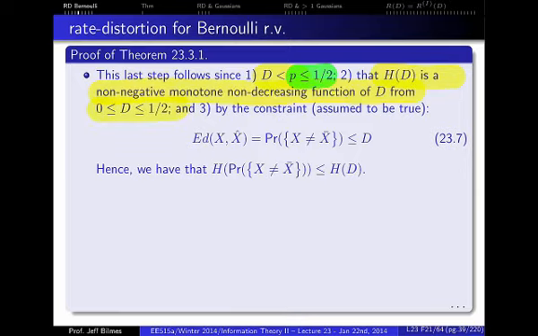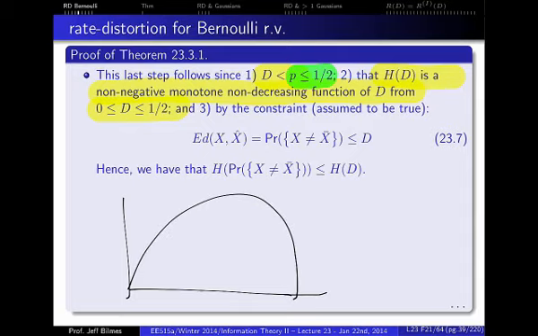So remember what the entropy function looks like. It achieves its maximum at 1/2. So in this region, H of D is a monotone non-decreasing function. It's actually an increasing function. It's only in this region that we care about, because D is never going to be greater than 1/2.